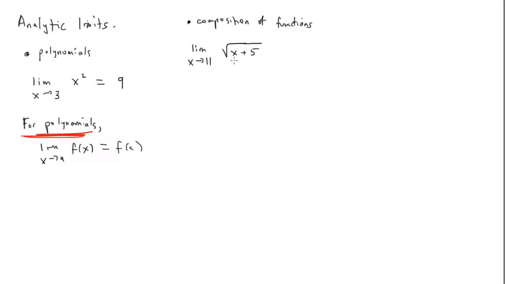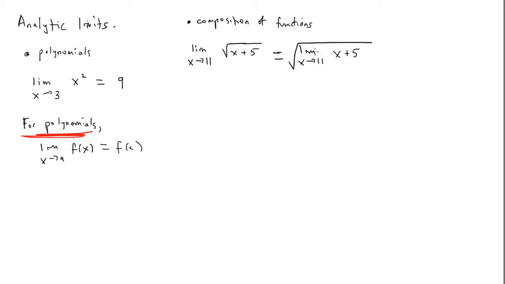Okay, so one of the nice things about square roots, or any kind of radical for that matter, is that you can slip the limit inside. So this is actually the same as taking the limit on the inside and then square rooting the answer.